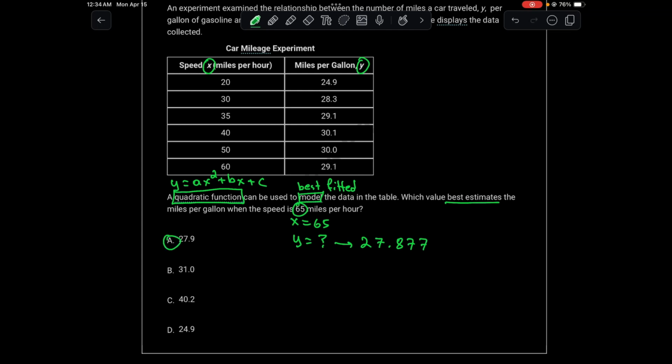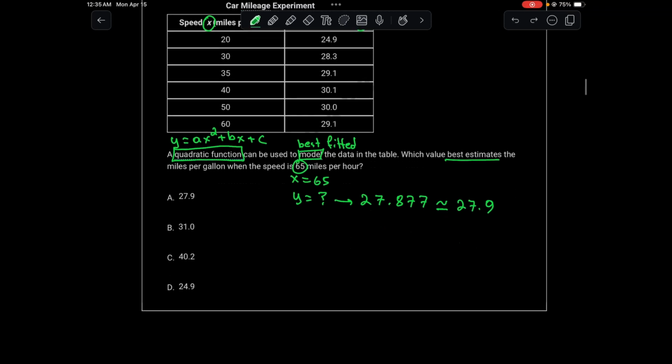And it looks like it's option A, especially since you can round it to the first decimal. If you round it to the first decimal, that's approximately equal to 27.9. After the 8 is a 7, which is greater than 5, so we round it up. Okay, so 27.9, the correct answer is A.